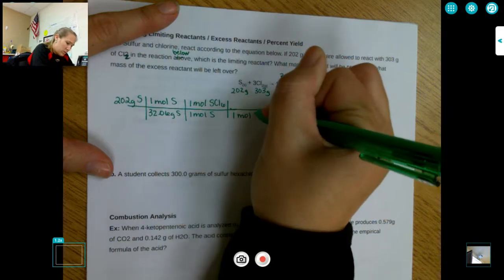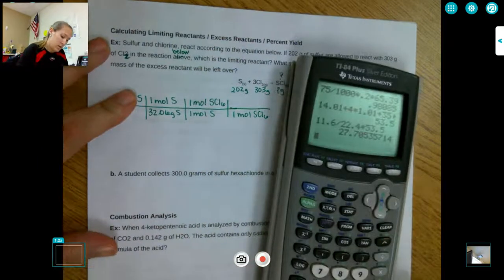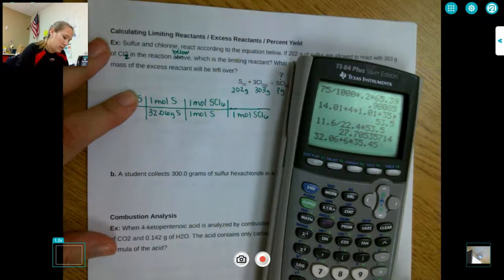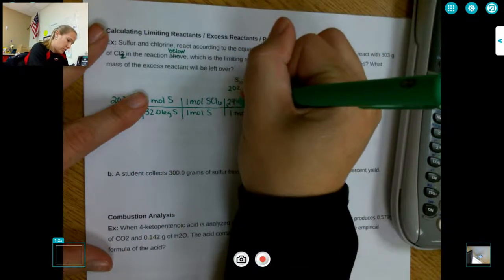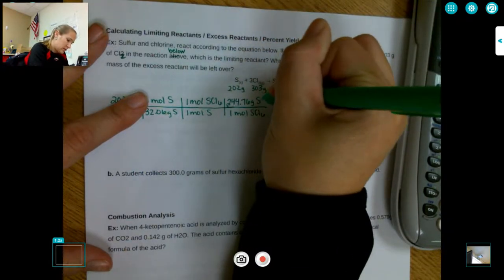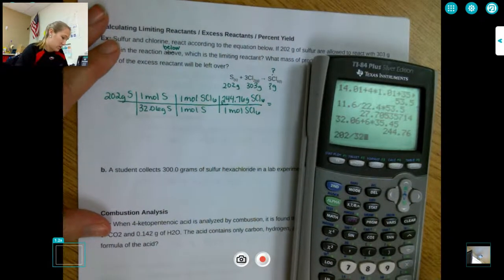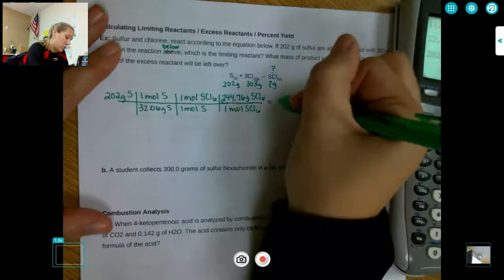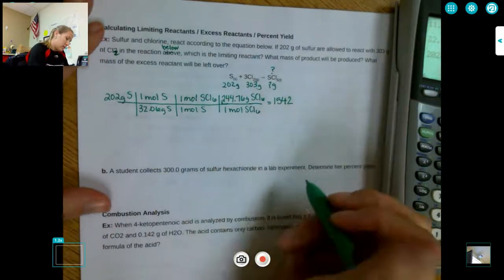And moles to grams, 1 mole sulfur hexachloride is 32.06 plus 6 times 35.45, 244.76 grams sulfur hexachloride. 202 divided by 32.06 times 244.76 is 1,542. I'm going to keep all those sig figs for now because I'm comparing to start.